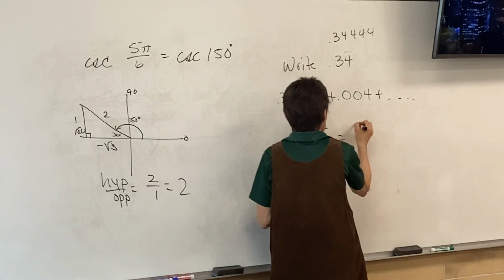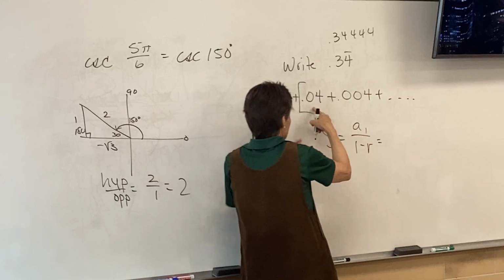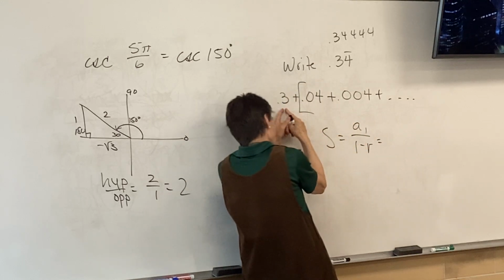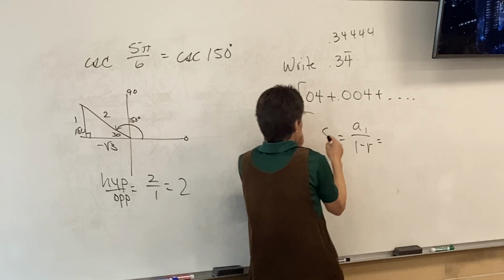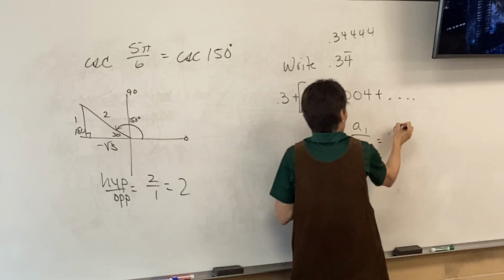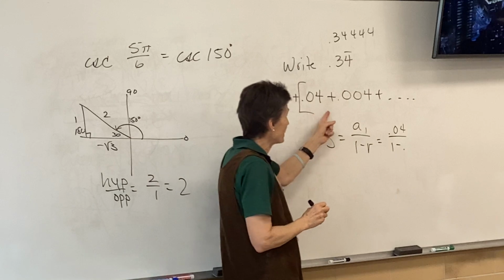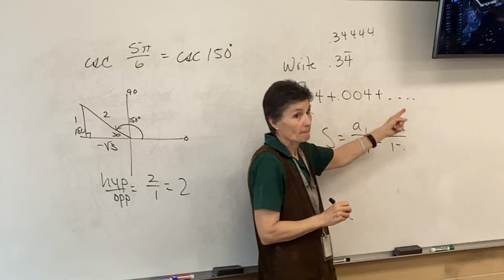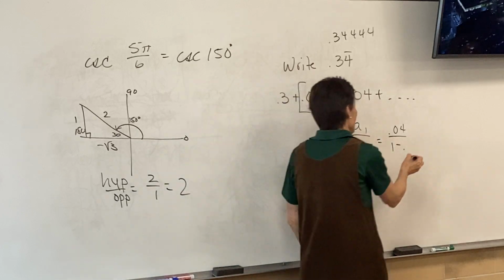infinite, so we're going to use this formula, which is also on your sheet. So we're going to take our first term. Now, this is not the first term because it's different. So we're starting here. So 0.04 over 1 minus the ratio. Now, what's the ratio here? Who remembers? 0.1.